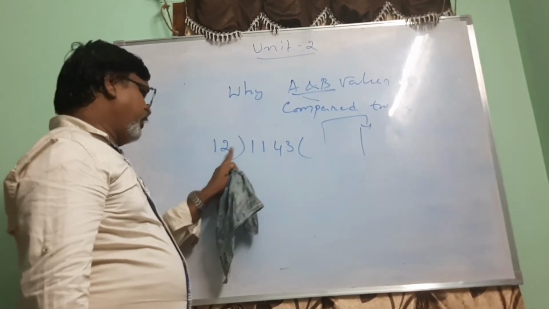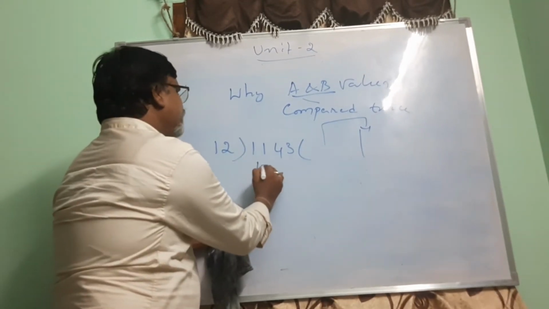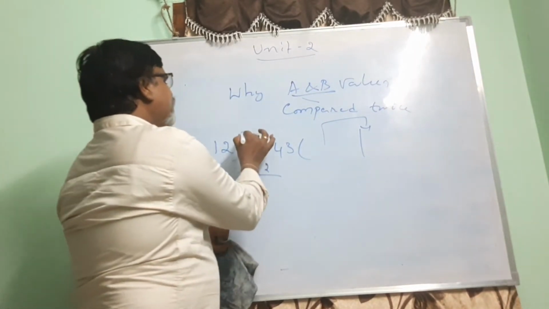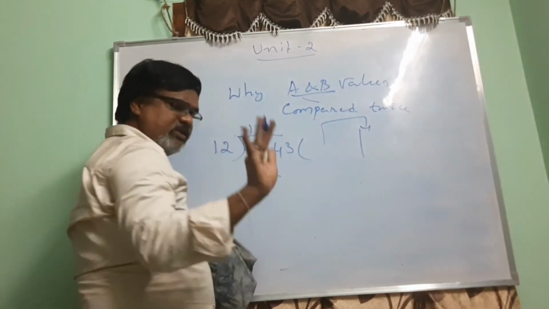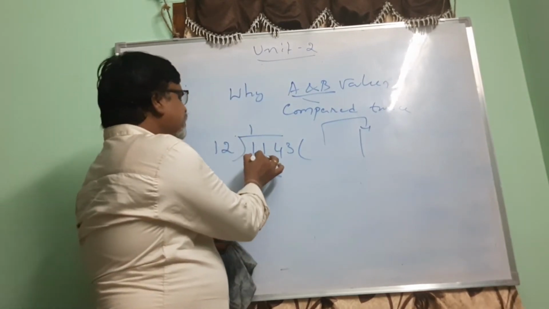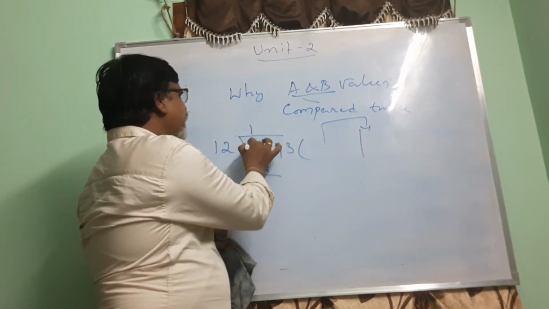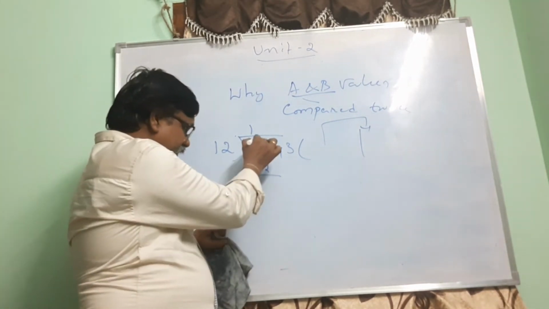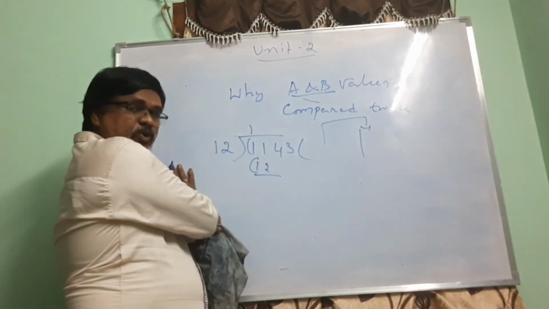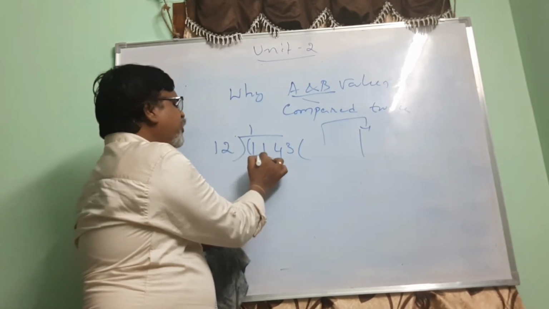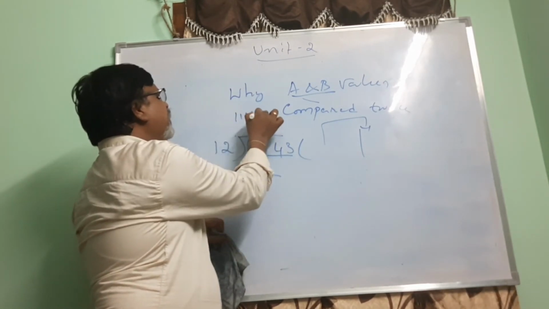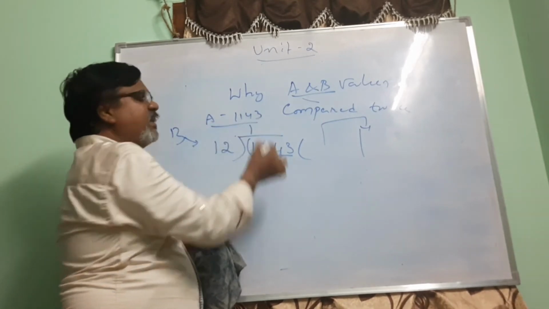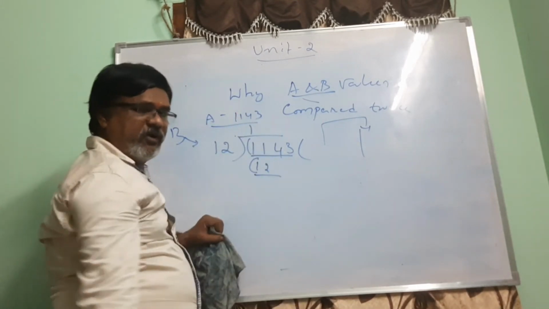Here 12 is the divisor, and when there is no divide overflow, first we compare this 1143, that is the A value, with the B value 12. Obviously A is greater than B, so we go for performing the division.